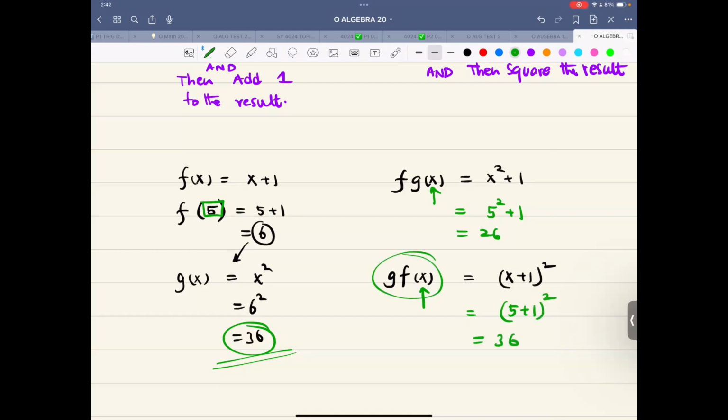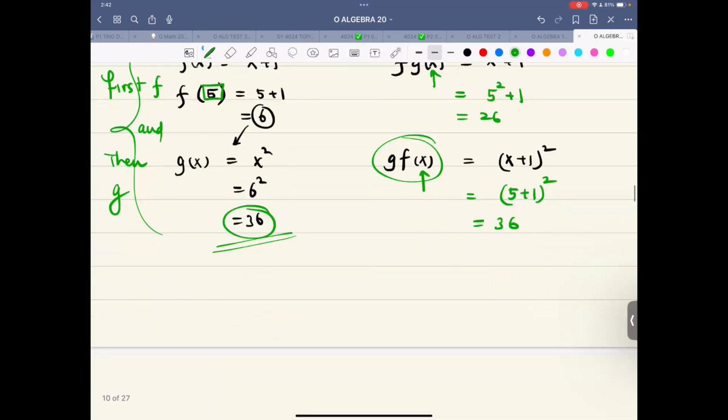That means g of f(x) is the same thing as first f and then g. So sometimes they can ask the sequence also. First f, then g will have the same result as g of f(x), which makes perfect sense.